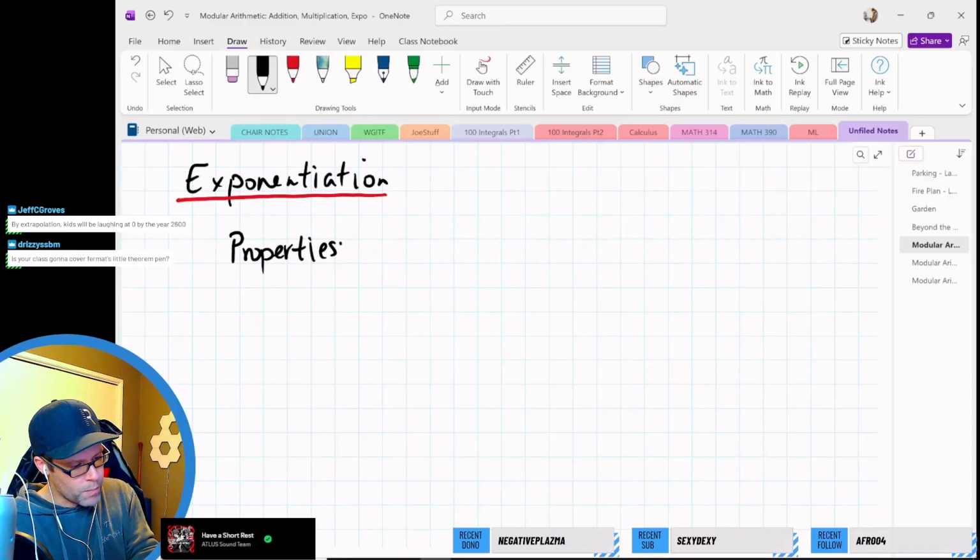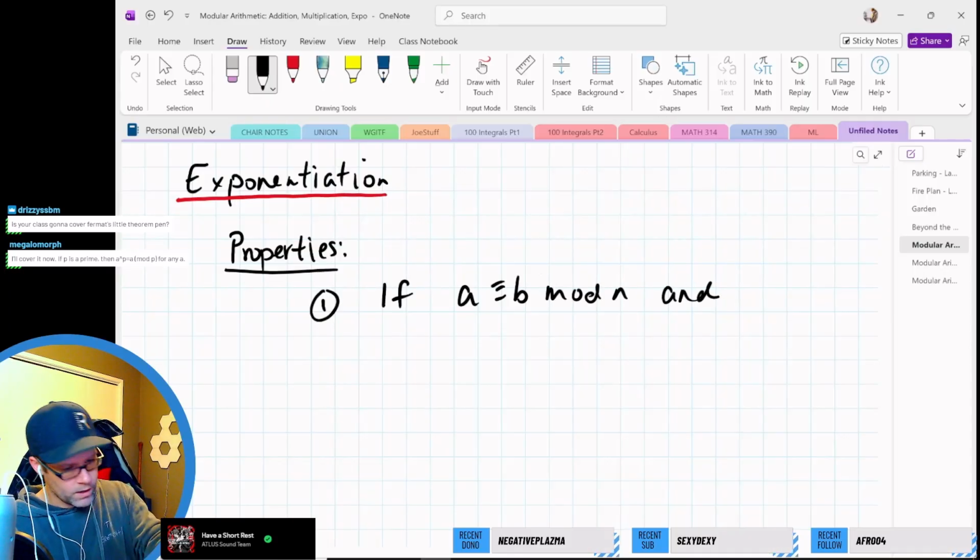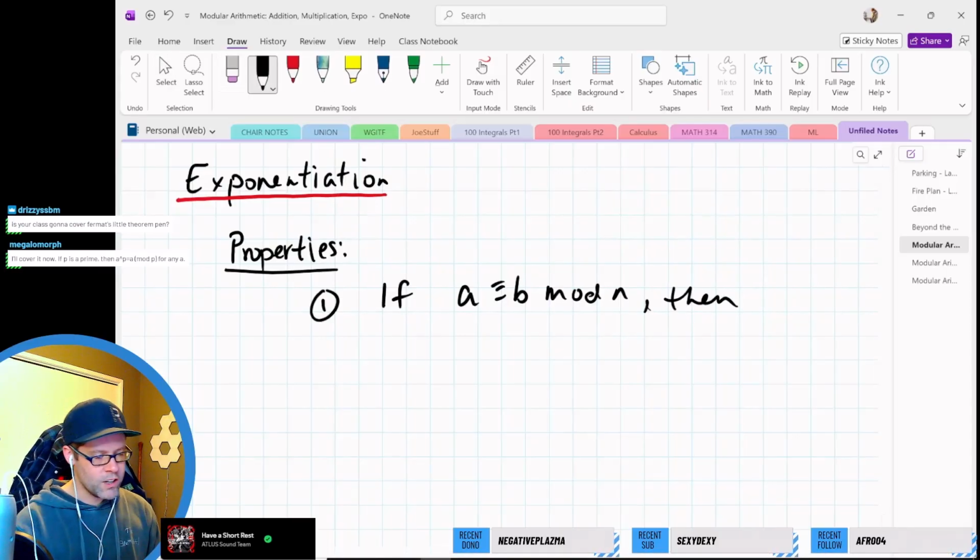A lot of these properties we're going to see are just extensions of properties we've seen already. So for example, if A is congruent to B mod n, then I know, wait a second, is that true?